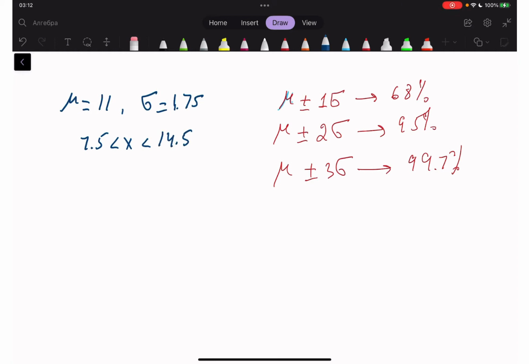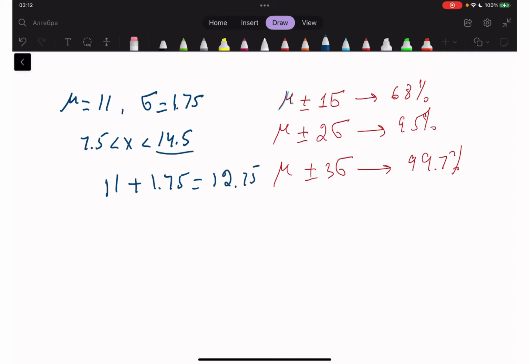Okay, let's figure it out. So what do we have here? 11 plus 1.75 is going to be 12.75. It doesn't match 14.5.